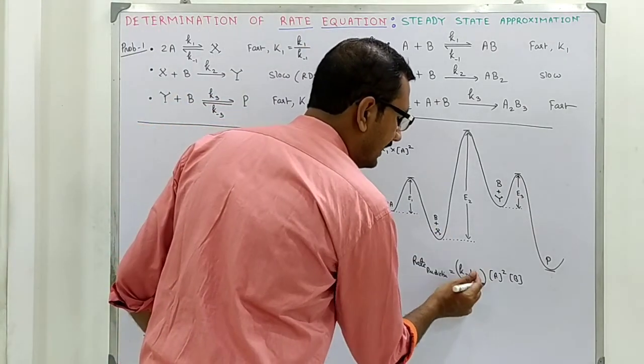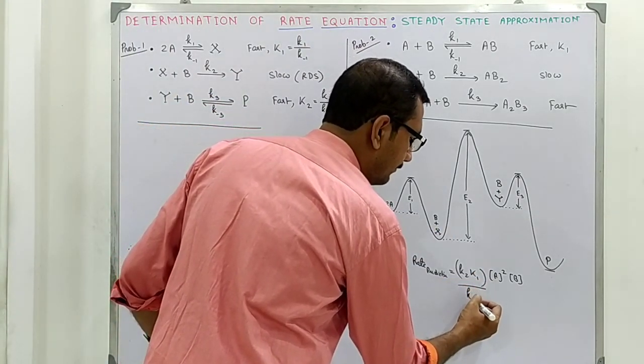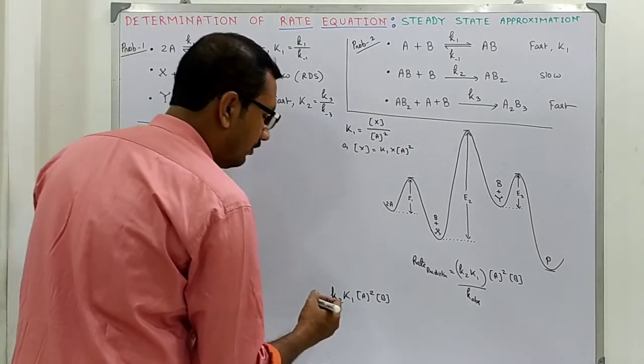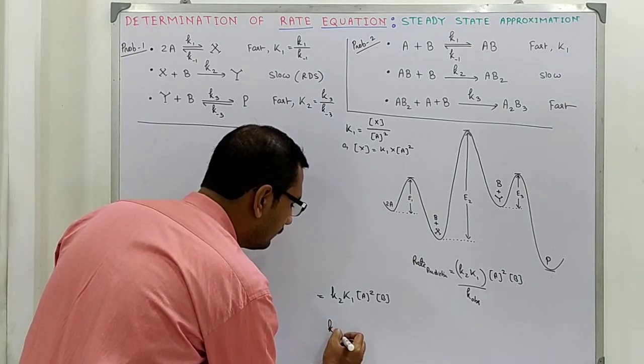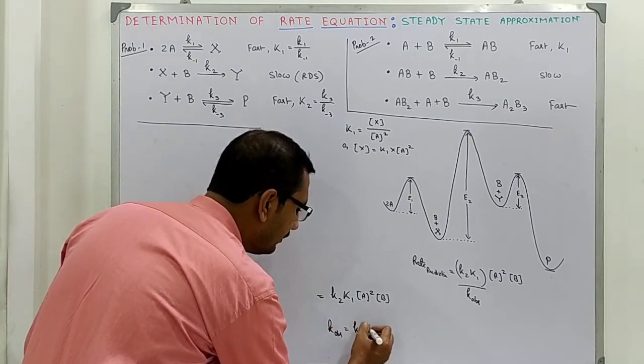This was actually K observed. So, K observed, that is the observed rate constant, is given by K2 into K1.